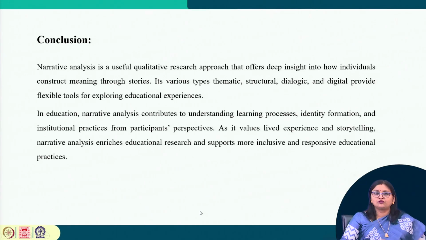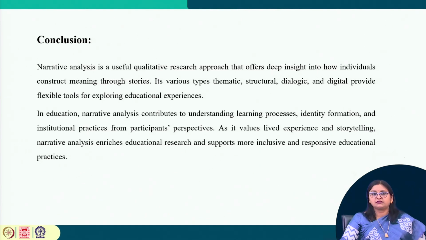So, let us go to the conclusion. Narrative analysis is a useful qualitative research approach. It offers deep insight into how individuals construct meaning through thoughts and stories. Its various types, thematic, structural, dialogic, digital, provide flexible tools for exploring educational experiences.